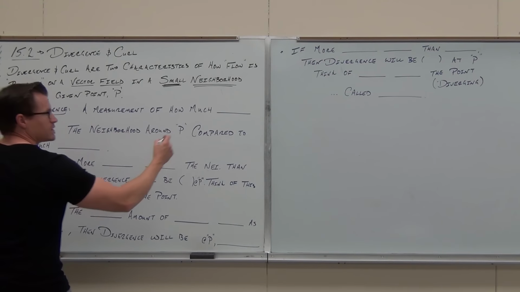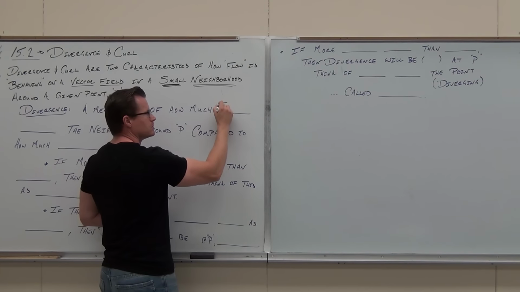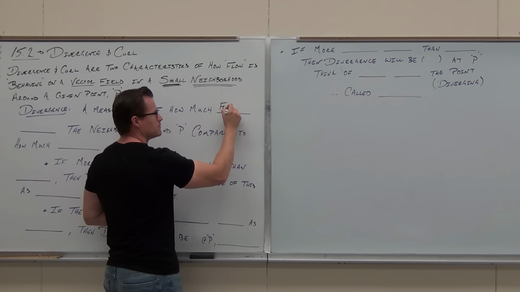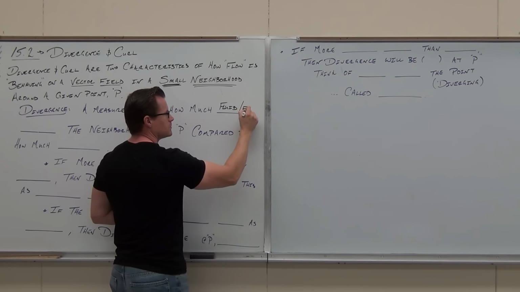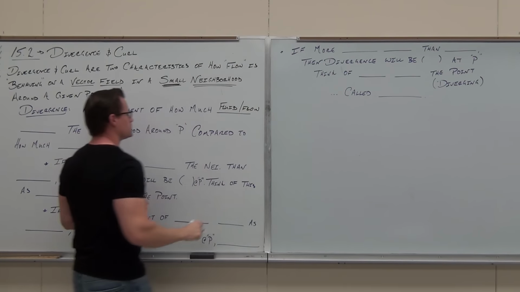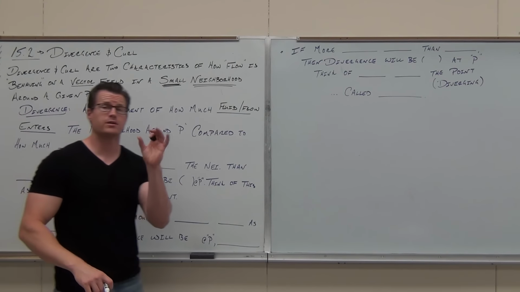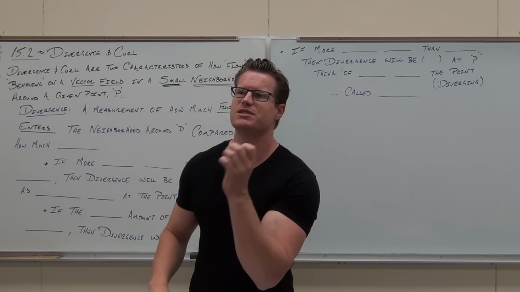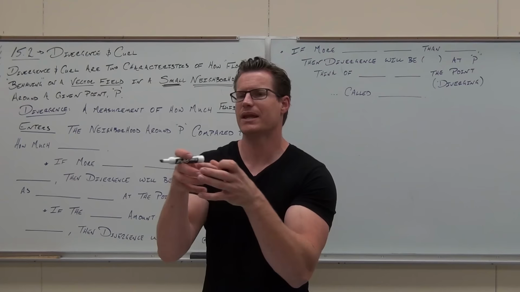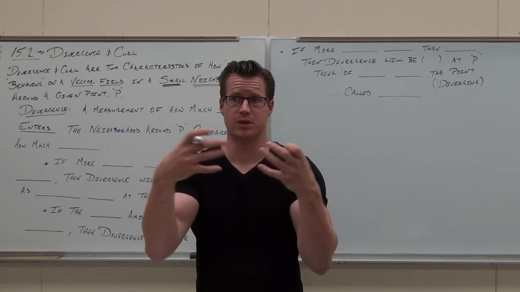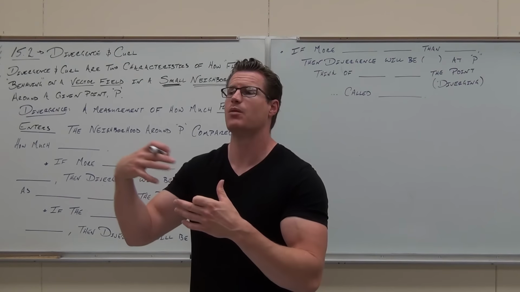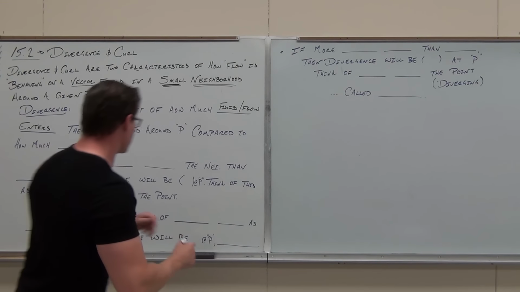So a measurement of how much fluid or flow enters the neighborhood around a point. Remember, this is all point specific. We're talking about what's happening at a specific point. Is fluid entering? Is fluid leaving? How much is entering compared to how much is leaving that neighborhood around the point?